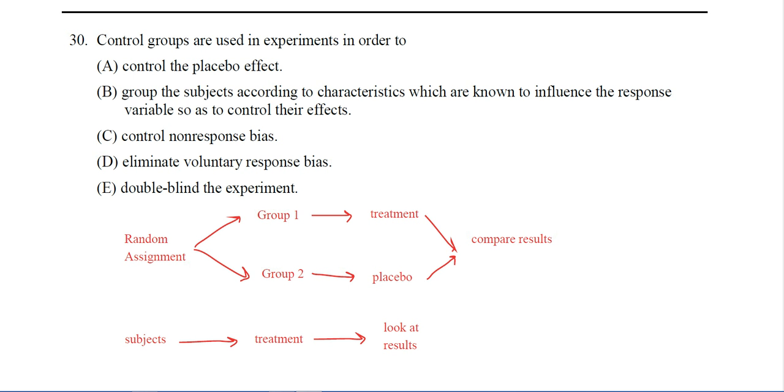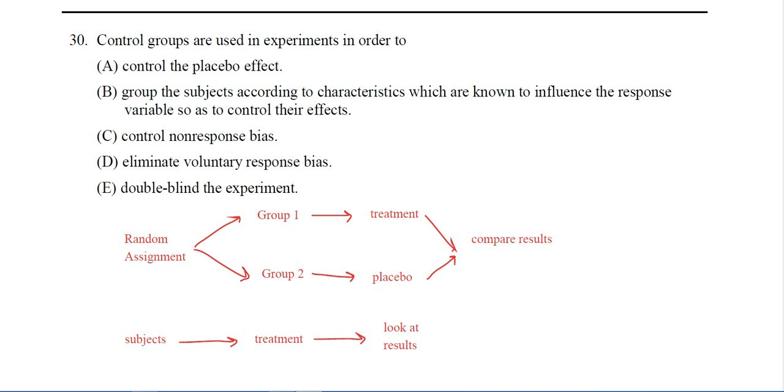Maybe the treatment caused the positive response, but it could have also been a number of other factors too, including the placebo effect, which is just this idea that some subjects will show a positive reaction to any treatment, even a sugar pill, for instance.